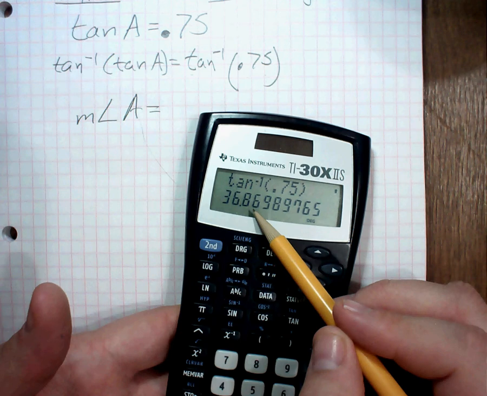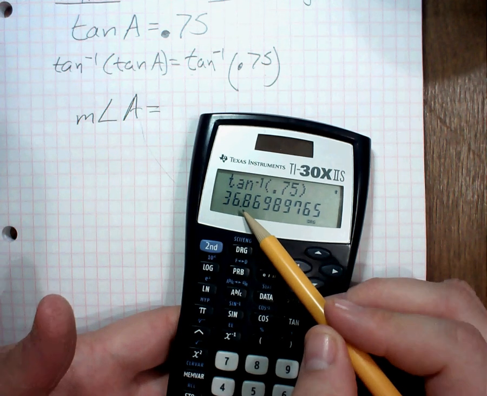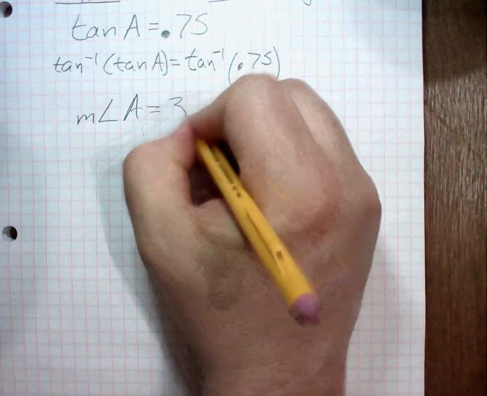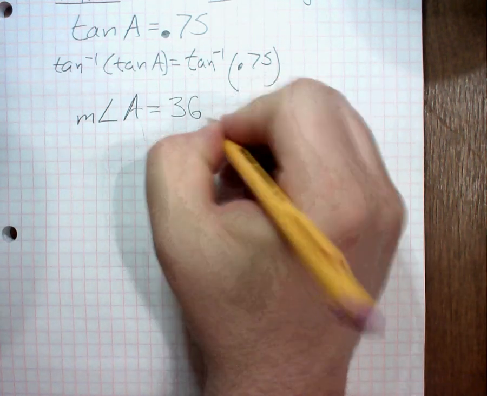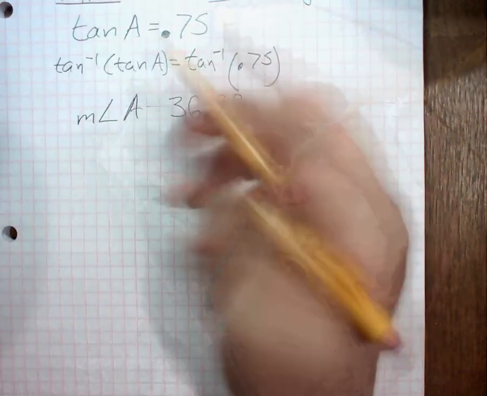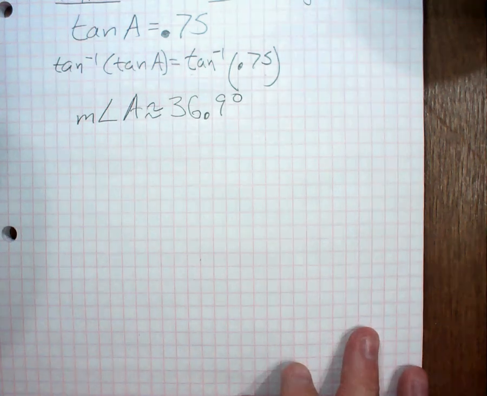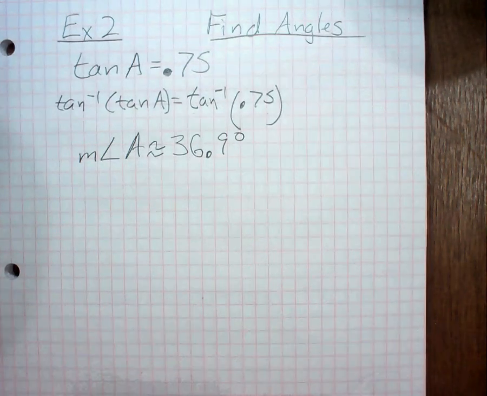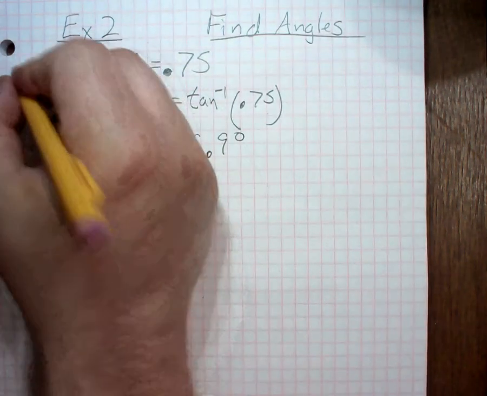It's a 6, that's 5 or higher, so I'm going to round this to 36.9. So this is approximately 36.9 degrees, and I'm going to change that from an equal sign to an approximation sign. That wasn't that hard. That was part A.